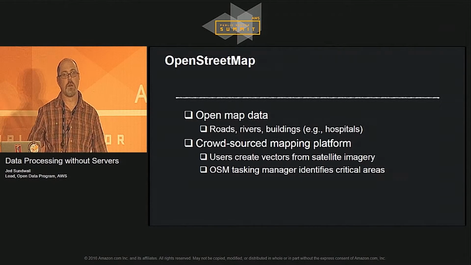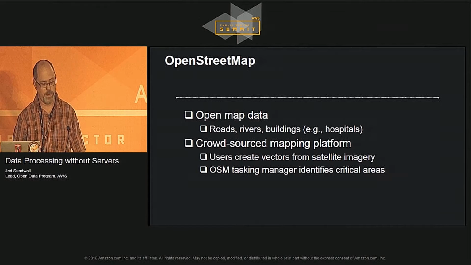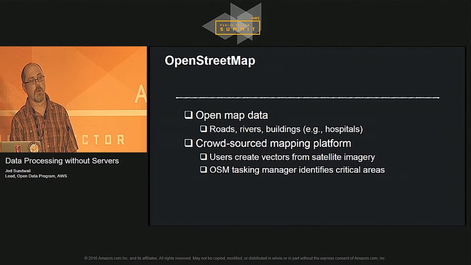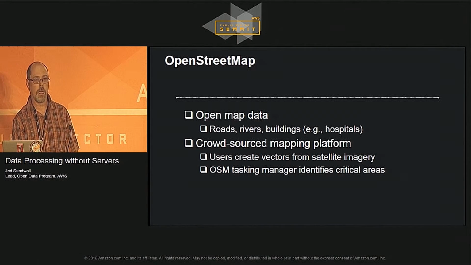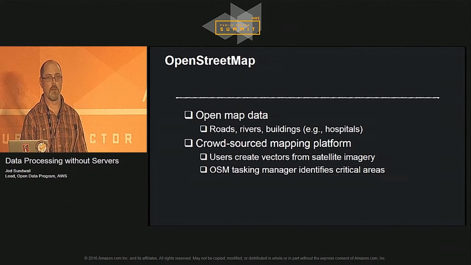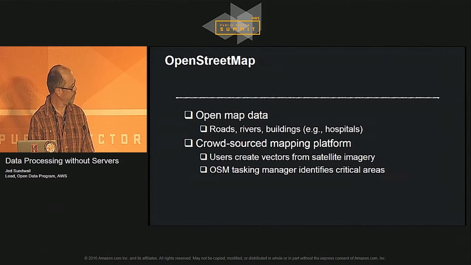You can all go to OpenStreetMap, sign up for an account, get involved and just start mapping something by your house. It's probably already mapped, or you could go anywhere in the world. But there's a tasking manager that points people in the right direction to say, hey, we need more data in this area of the world because it's really an area in need.